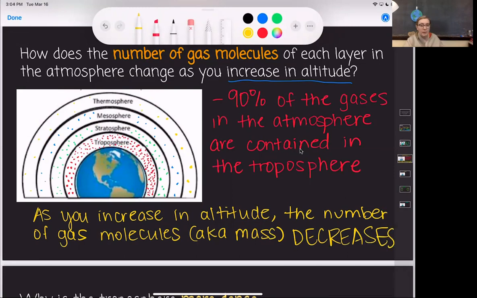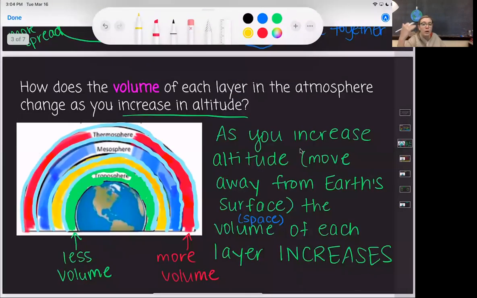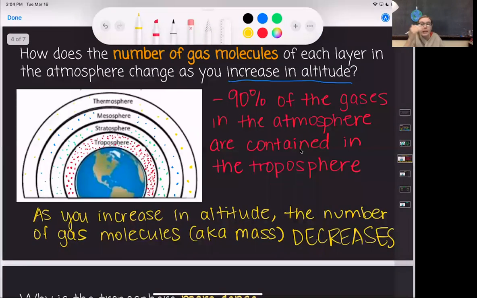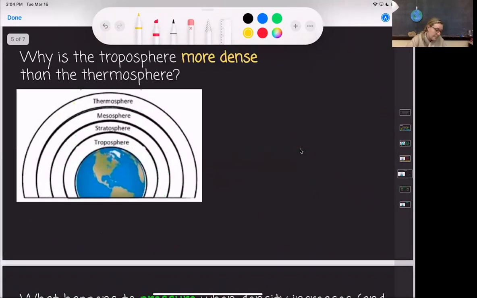So just to recap, as we're moving up in the atmosphere, we're gaining more and more space, but we're getting less and less stuff. Okay, and that should give you a hint as to where this is headed.